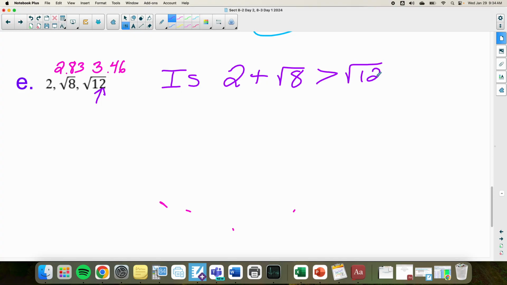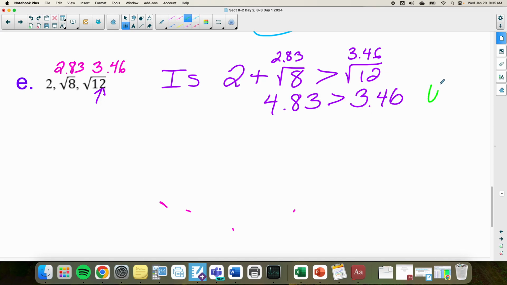And think about it, this is approximately 2.83, approximately 3.46. Wouldn't this be approximately 4.83, which would end up being bigger than 3.46? So that is yes.